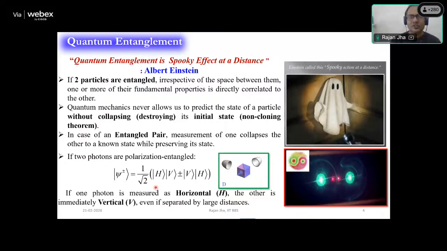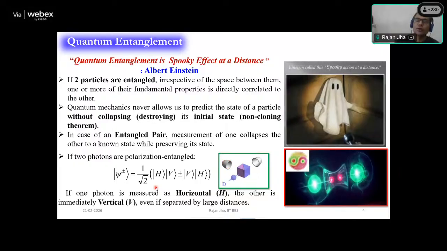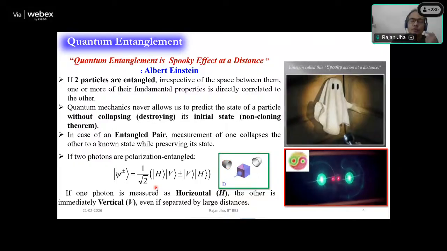A photon can be characterized by certain features, and one of the strong features of a photon is, let's say, intensity, or you can say polarization. In most of the entanglement experiments that we do, many times we discuss polarization-entangled photons. So what do we mean by polarization and entanglement? It means something like this.